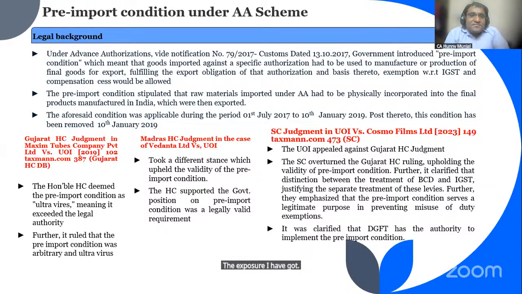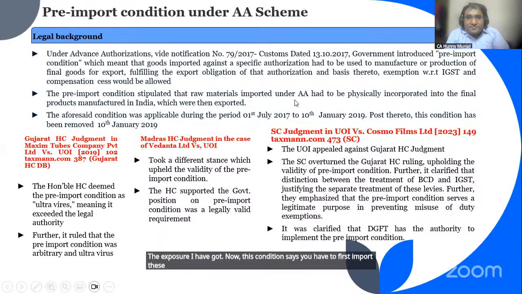Now, this condition says you have to first import these goods if you want to take a benefit under this. I have imported some raw material from, let's say, Vietnam so that I can use it.